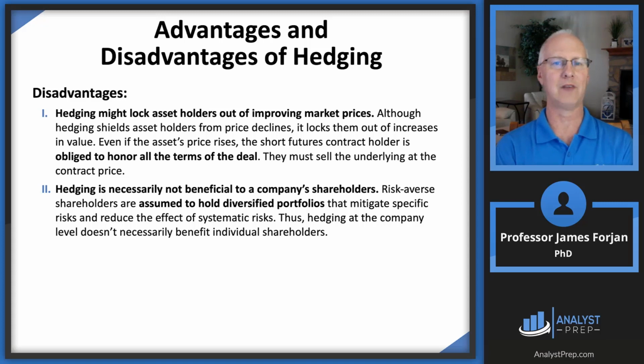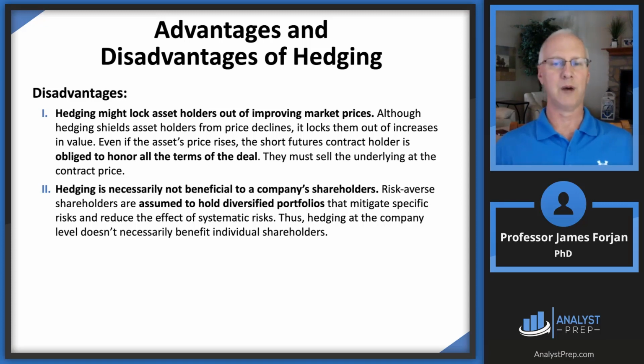So notice what I have here. Hedging might lock asset holders out of improving market prices, of course. And then the second one there, hedging is not necessarily beneficial to a company's shareholders. This goes all the way back. Remember those two guys in 1958, Franco Modigliani and Merton Miller? Of course, what do we know?